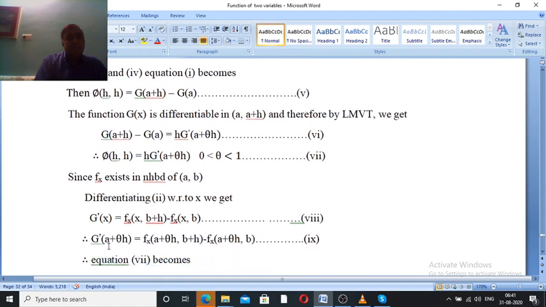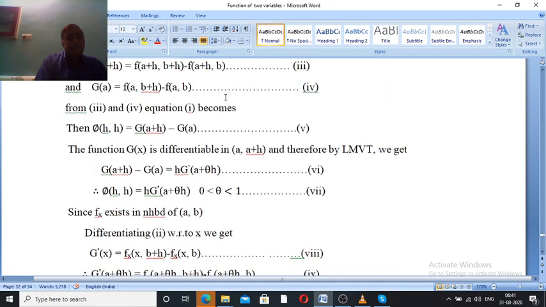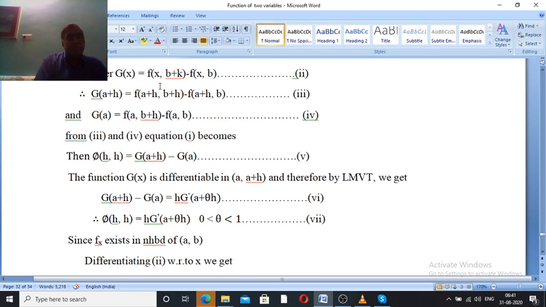Since fx exists in a neighborhood of (a, b), differentiating equation 2 with respect to x, we get g'(x) equal to the derivative of f, which is fx, fx(x, b+h) minus the derivative of f, which is fx, fx(x, b).